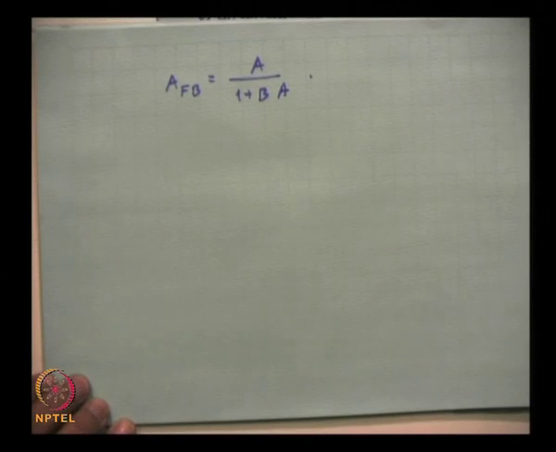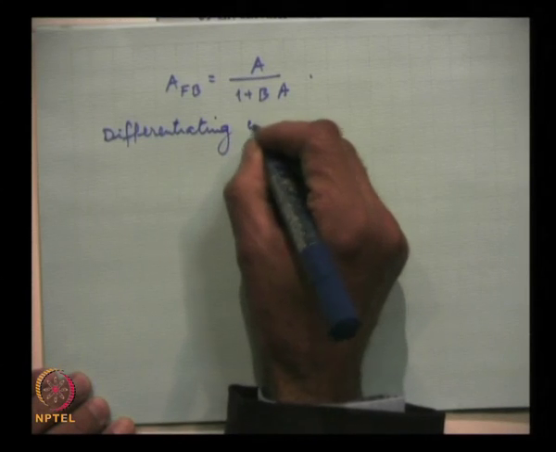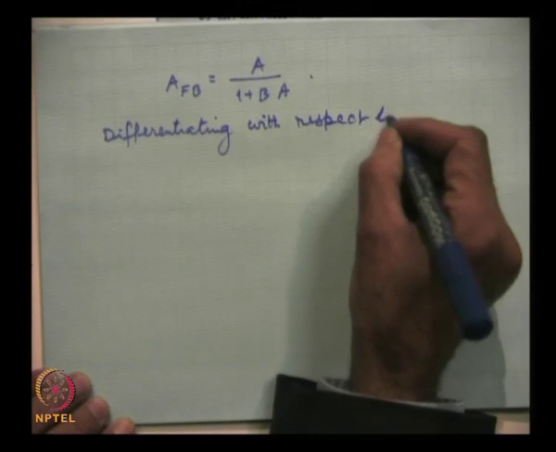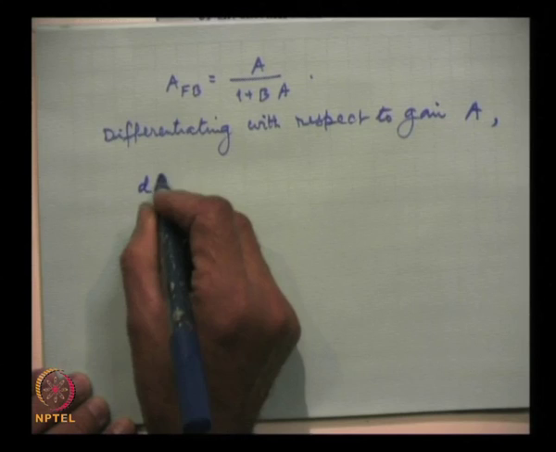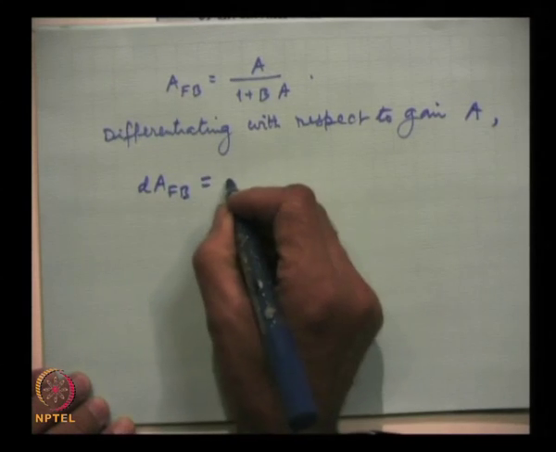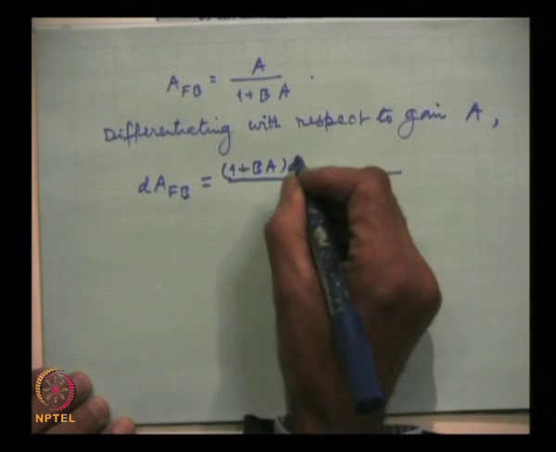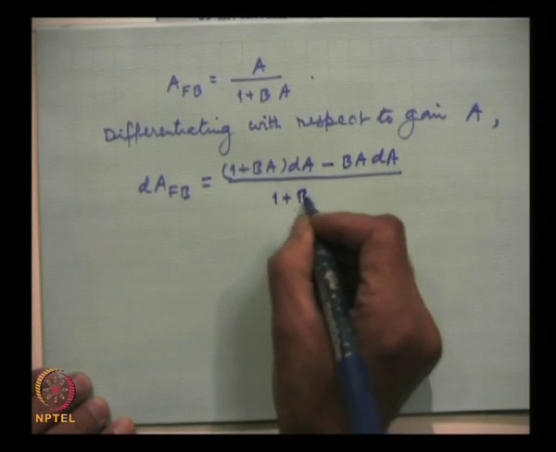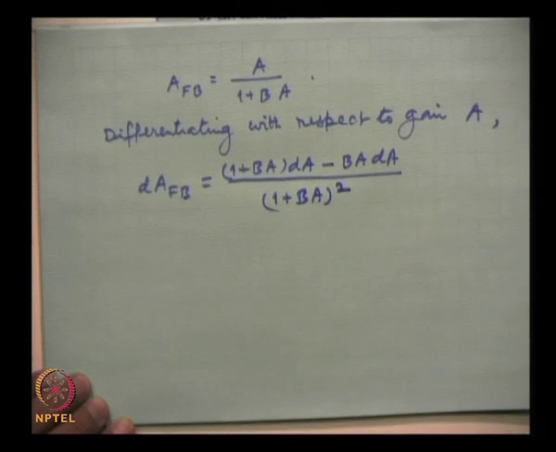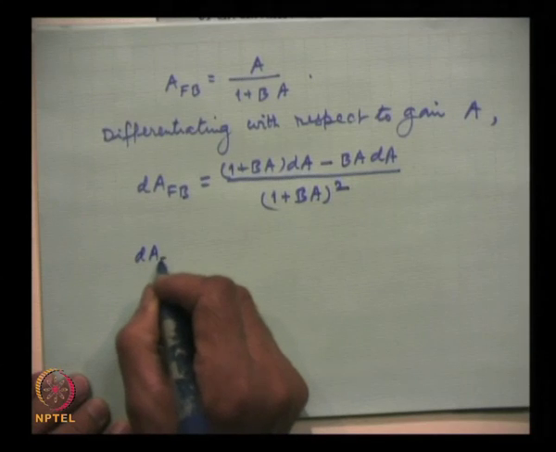We use this equation and differentiate it with respect to gain A. Then we get (1 plus BA) dA minus BA dA, divided by (1 plus BA) square, which if we open it, this term cancels and we are left with dAFB equal to dA by (1 plus BA) square.